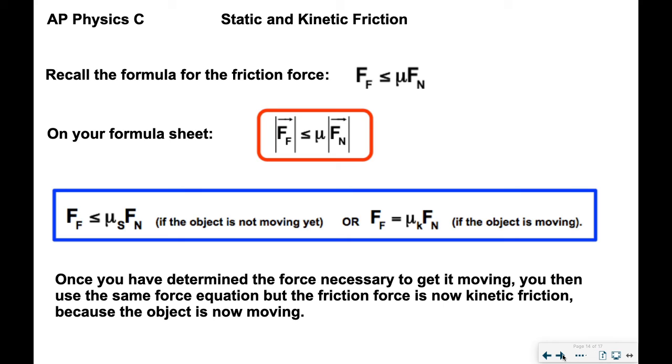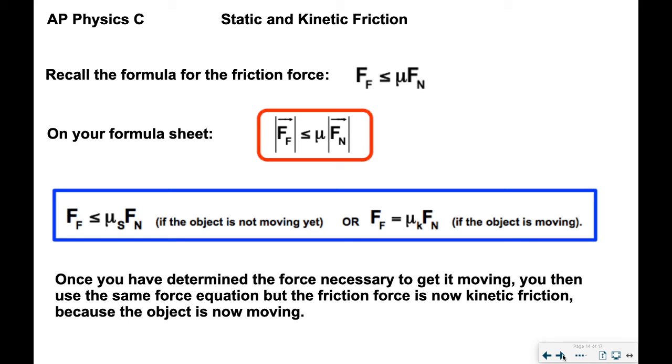Once you determine the force necessary to get it moving, you would then use the same force equation, but then the friction force becomes kinetic friction because the object is now moving. Okay? So the trick is writing your force equation and setting it equal to 0, setting the friction force to the maximum, and effectively seeing what you get.